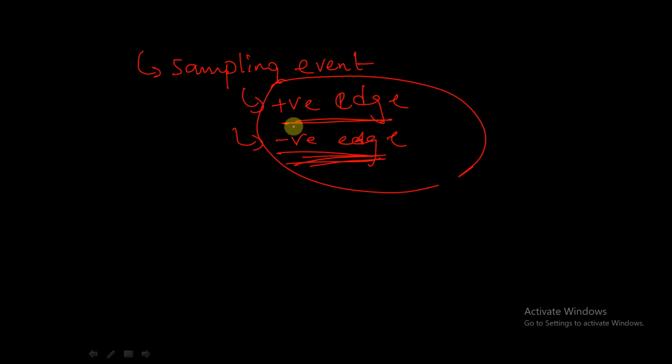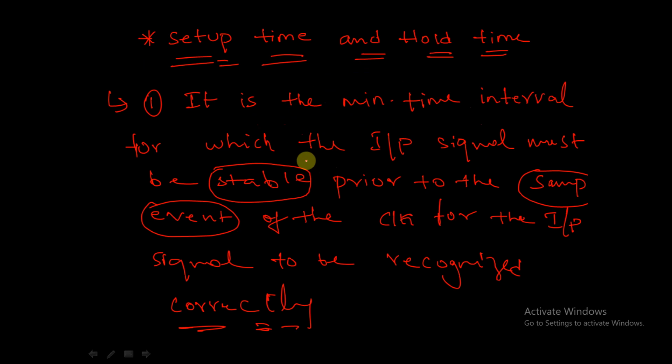We can calculate the setup time for any sampling event, whether positive edge or negative edge. So the minimum time interval by which the input signal must be stable prior to the sampling event of the clock is needed for the input signal to be recognized correctly. Recognized correctly is also a keyword.